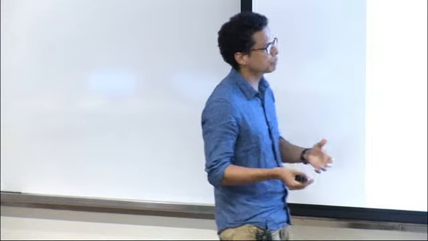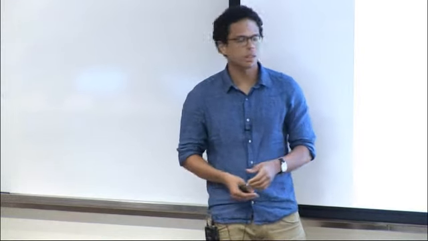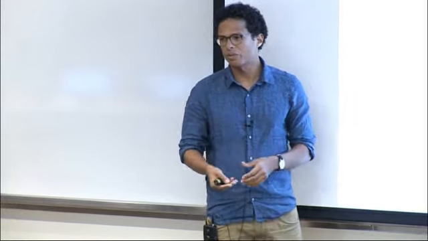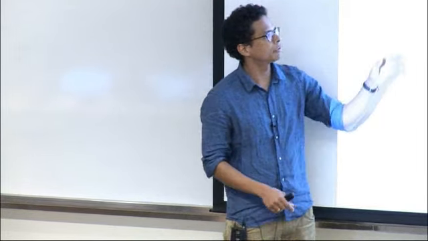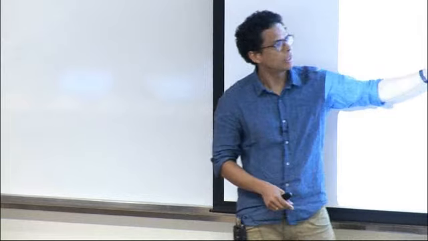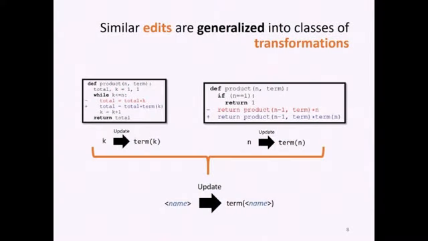For instance, we can represent an edit as a tree transformation, a tree edit on the AST of the program. And here we have an edit that updates a node in the AST from K to term K, and it's the same structure, but uses different variables. So what we want is to use these examples to learn abstract classes of transformations that we can reuse in different code bases.